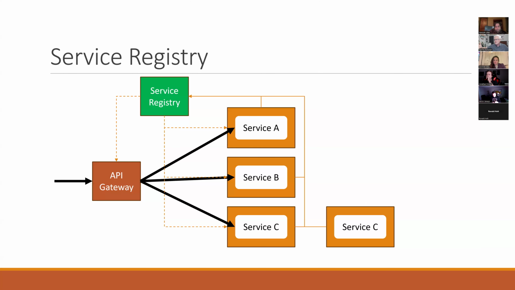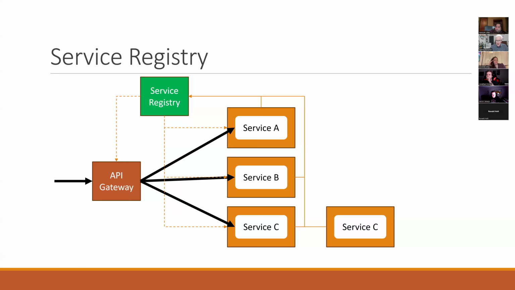Instead of telling the API gateway directly, we tell a service registry. The job of the service registry is very simple: to keep a list of services and their IP address and port. And in some cases, I also push my endpoints into the service registry.